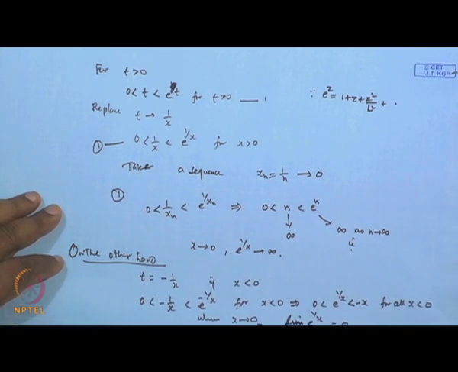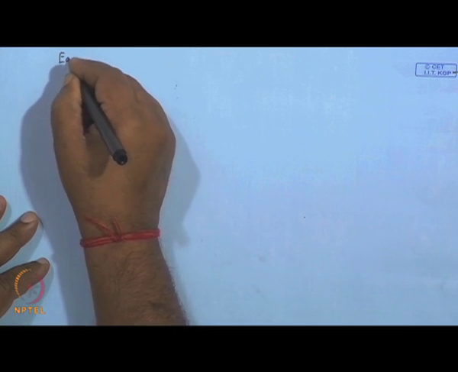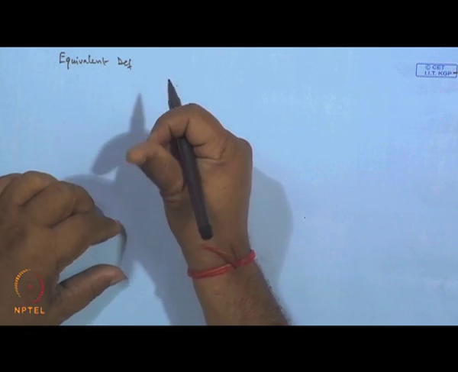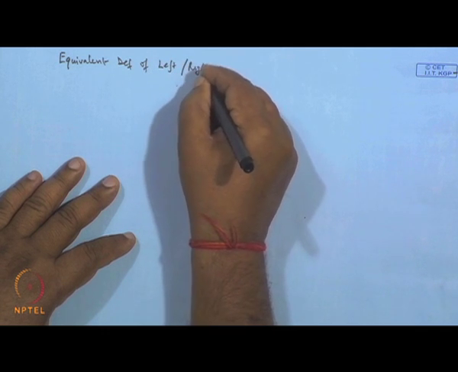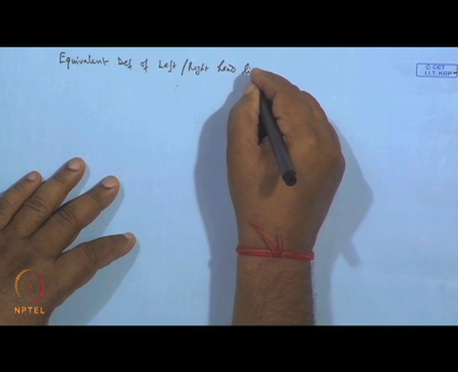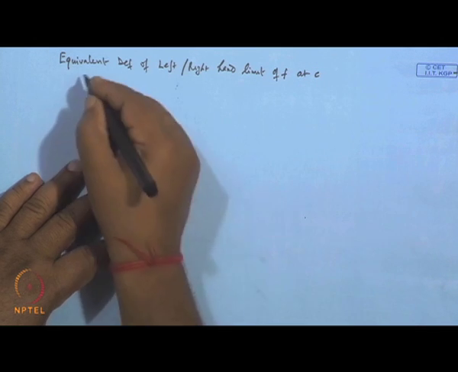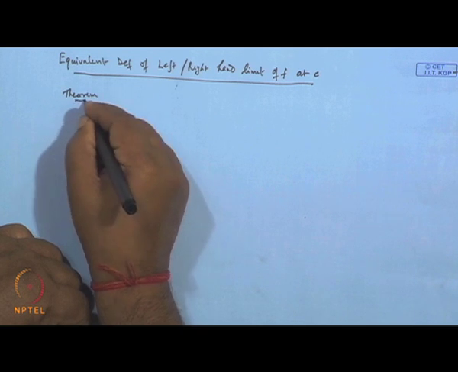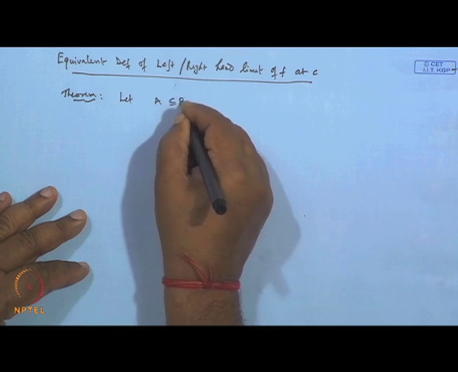Now, the equivalent definition in terms of sequences. This is the equivalent definition of the left and right hand limit of the function f x at c, in the form of a theorem.